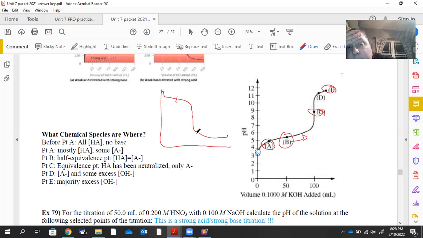At my half equivalence point, my base concentration and my BH plus concentration are the same. Past that, I have more BH plus than base. At my equivalence point, my OH minus and H plus concentrations are the same. Anywhere past this, I've added more acid, so my acid is all excess, until I reach down here where pretty much the only thing in there is extra H plus.